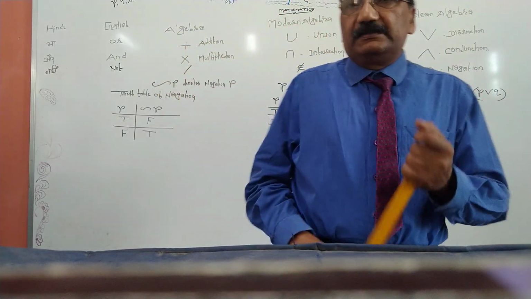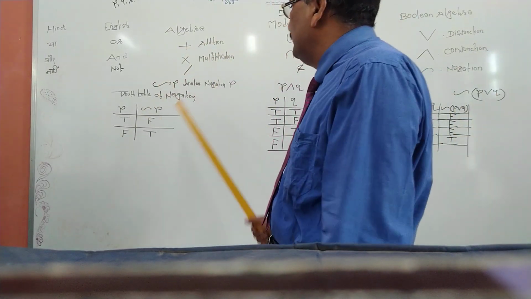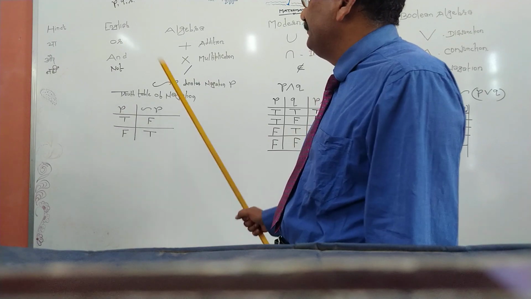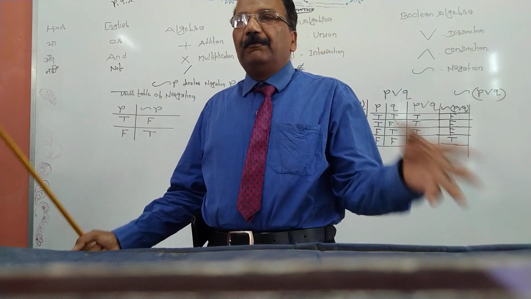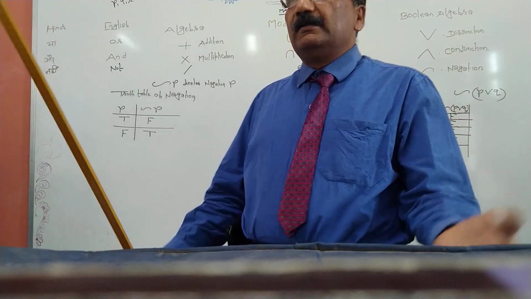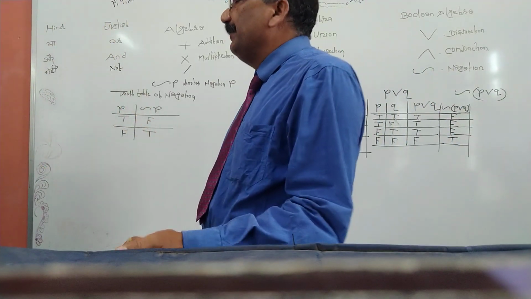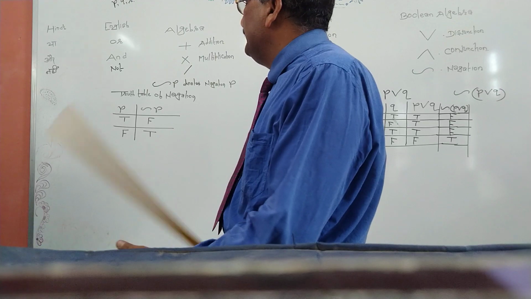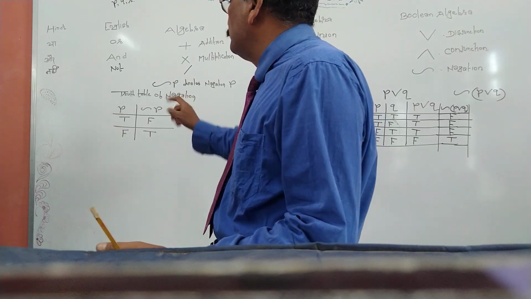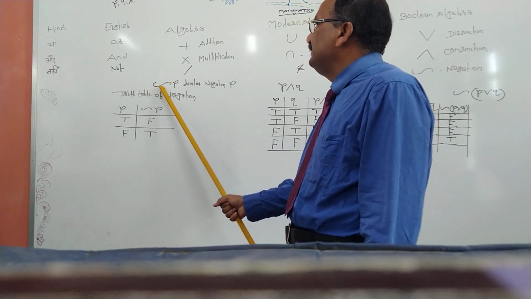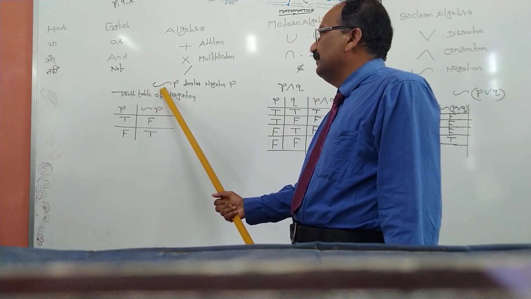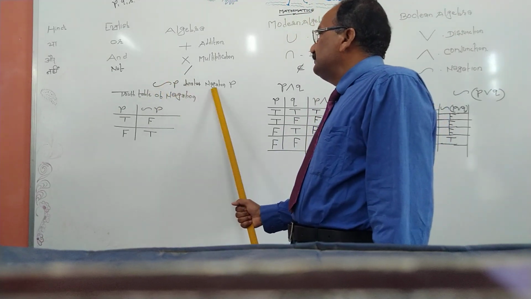Now just come here. It is negation. What do you mean by negation? Negation means opposite. P, Q, R are denotations of statements, and before negation, suppose p. Truth table of negation: the symbol is the symbol of negation, not p.